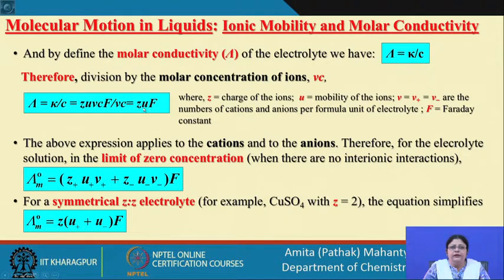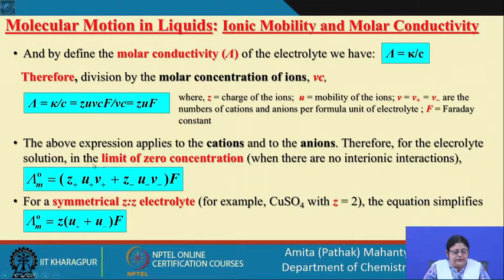Now, I can take that to be the contribution of the plus ion as well as the negative ion. Here we are equating the plus ion to be equal to the negative ions, and that I have represented by u. Now, the above expression applies to the cations and to the anions.